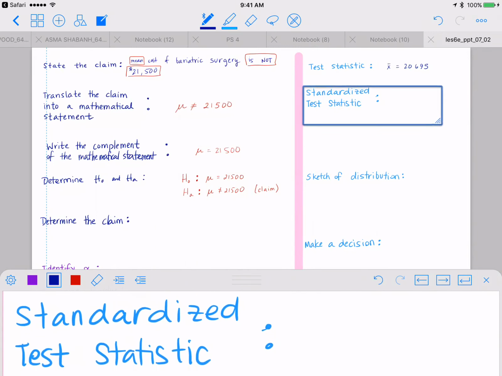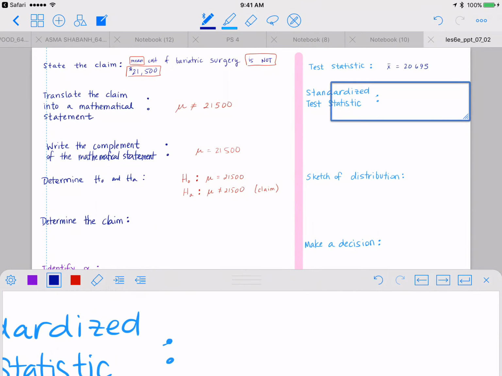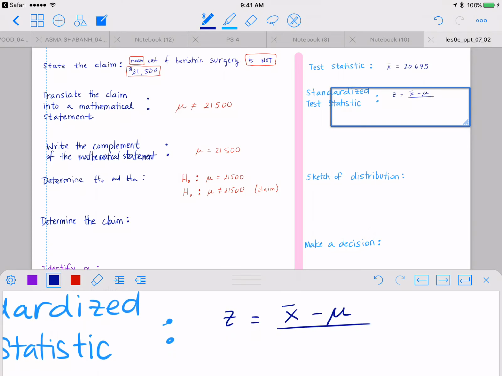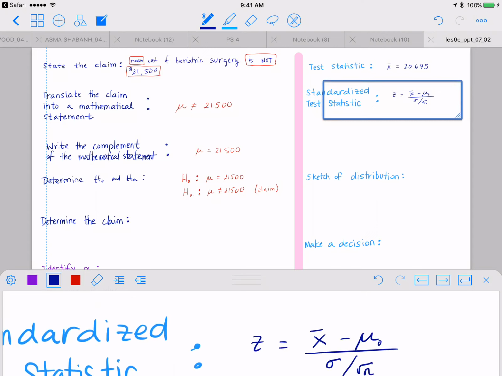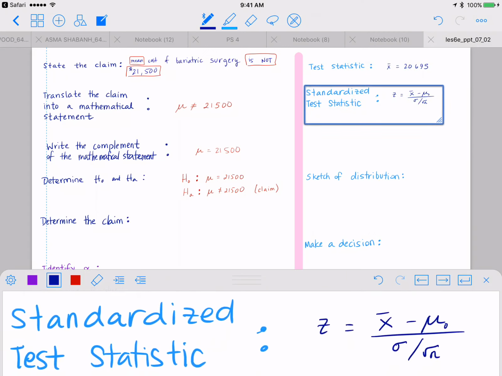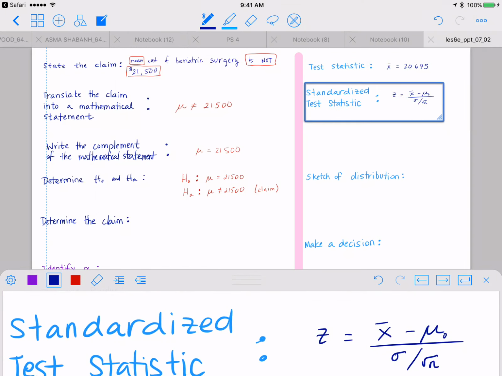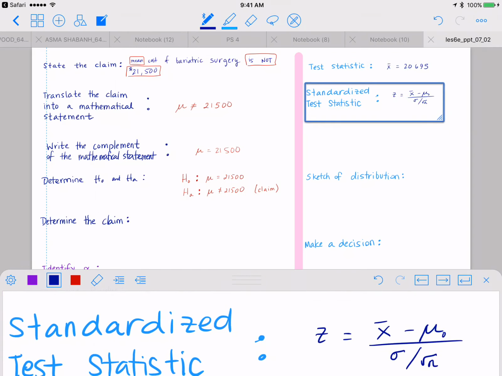The formula for the standardized test statistic is z equals x bar minus mu divided by the standard error, which is sigma over square root of n. So this is x bar minus mu naught. The connection between the test statistic and the standardized test statistic is the following.